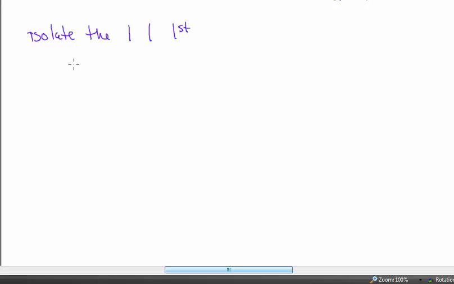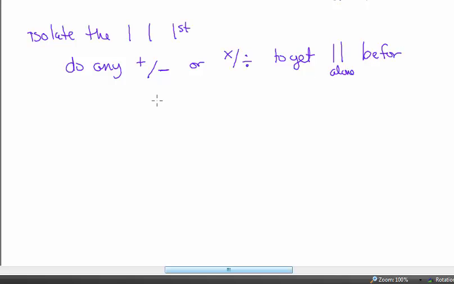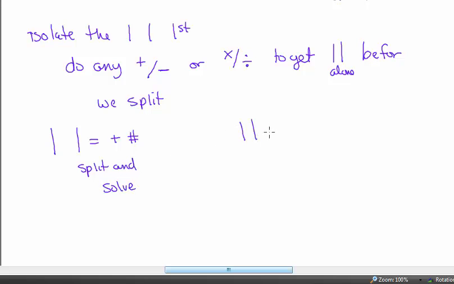So that means we need to do any addition or subtraction or multiplication or division to get this alone before we split. Then, if we have the absolute value alone equals a positive number, we split and solve. If we get the absolute value alone equals a negative number, we have no solutions. We cannot have a negative absolute value.